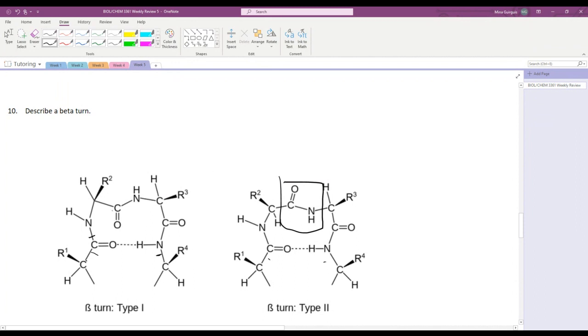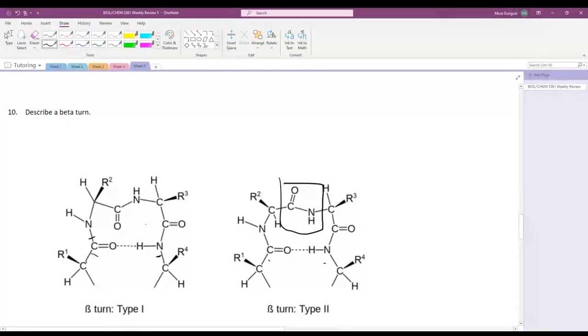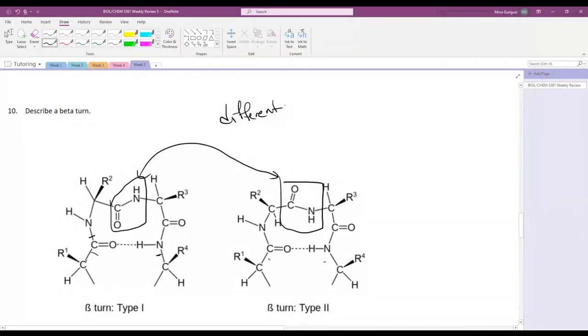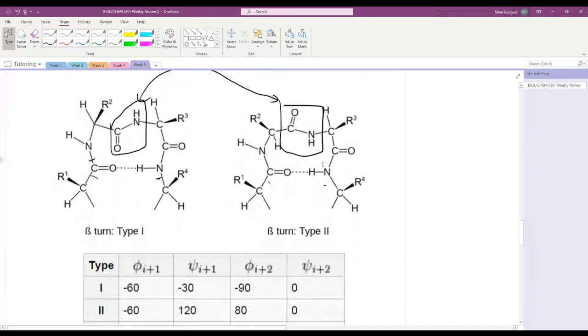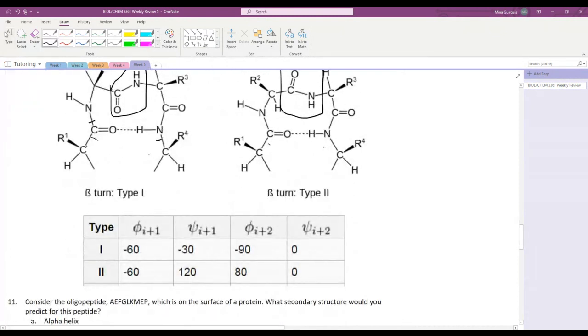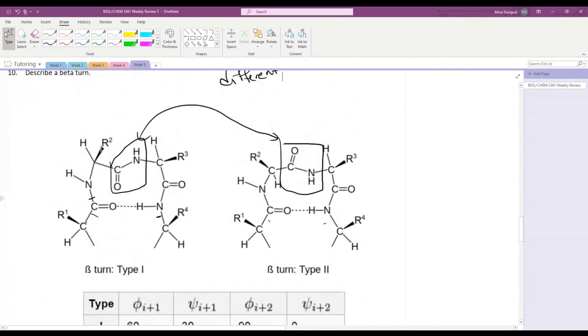Because of that, it creates this and this as different because of the rigidity of that peptide bond. Okay. So that rigidity also has that ripple effect of causing different bond angles, and that's what I want to point out here. So the phi angle of I + 1, which is basically 2.